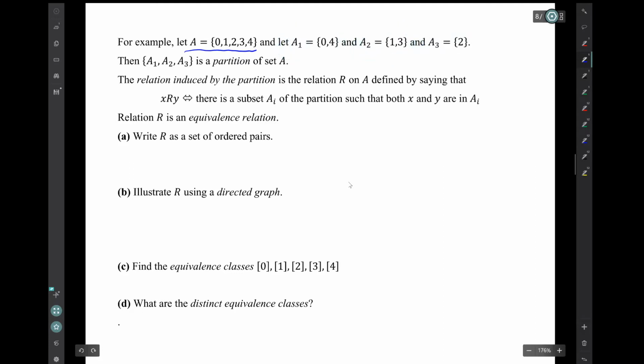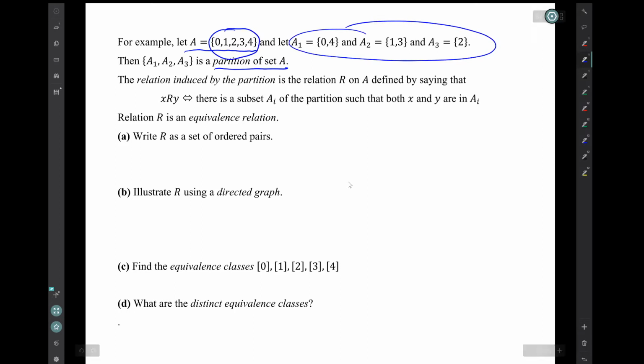Notice that that collection of 3 sets, A1, A2, A3, is a partition of set A. Let's review why that makes sense. Every element of set A is in one of those sets. That is, the union of these 3 sets equals set A. And furthermore, every element of A is in exactly one of these 3 sets.